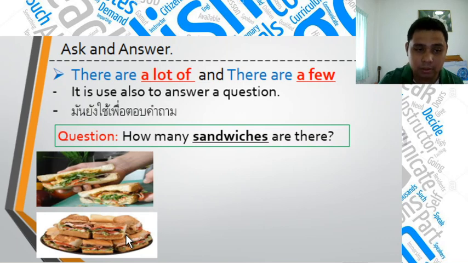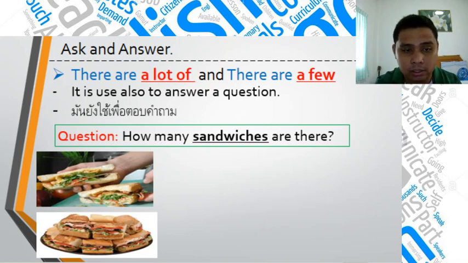The answer will depend on how many sandwiches there are in the picture. In the first picture we have 1 and 2 sandwiches, while in the second picture we have 1, 2, 3, 4, 5, 6, 7, 8, more than 8 I think.